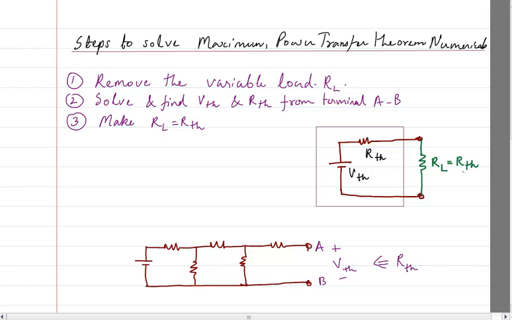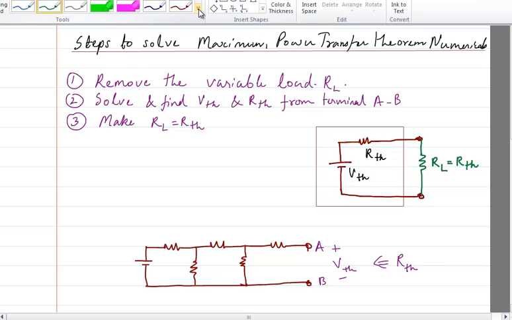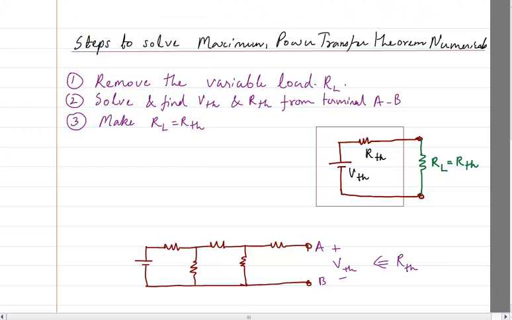So now once you have made this, the last step is to find the power. The fourth step is that we find out power. The maximum power is calculated as follows.